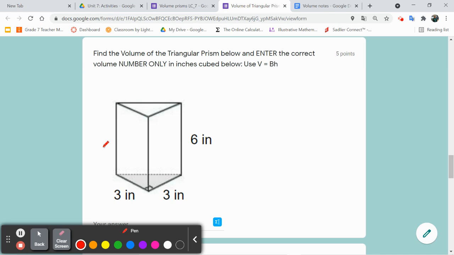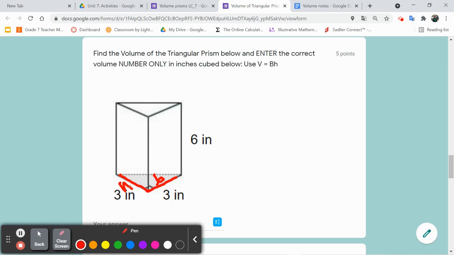How do we find the area of a triangle again? It is 1/2 base times height, or base times height divided by 2. How do we find the base and the height? We find our 90-degree angle in that triangle. And here you go, 90-degree. There you go, base, height. You're going to multiply that. Then you're going to divide that by 2, and you're going to write that down, because that's going to be your big B. And you're going to have that number, even if it's a decimal, people.